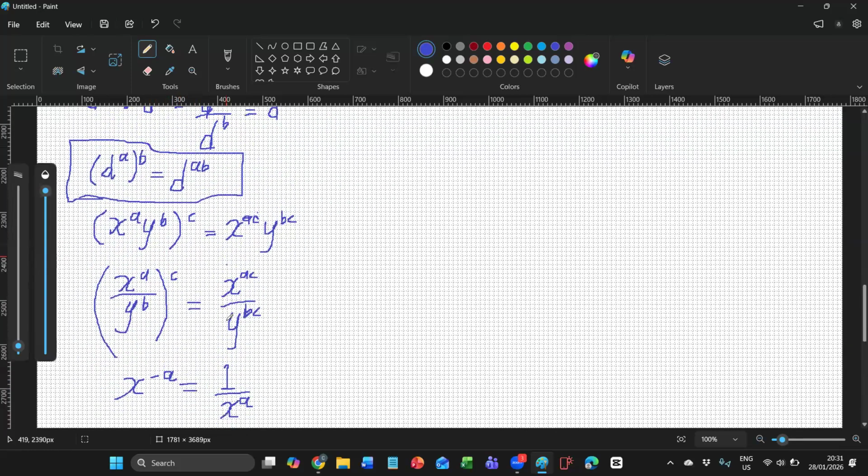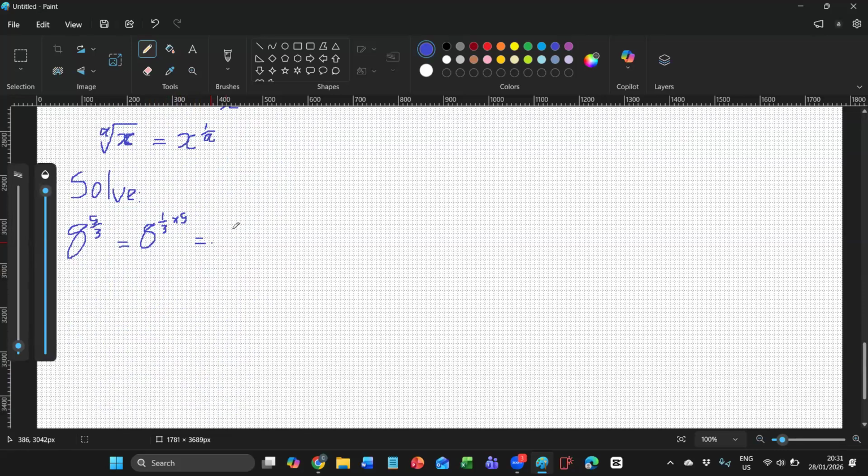So I am free to move it into what it looks like on the left-hand side, which will leave me with 8 raised to the power of 1 over 3, all raised to the power of 5. Can you see that? Now I'm pushing it further.